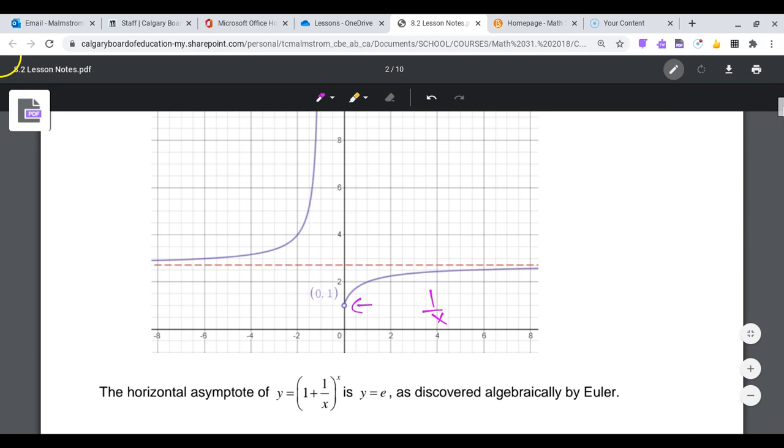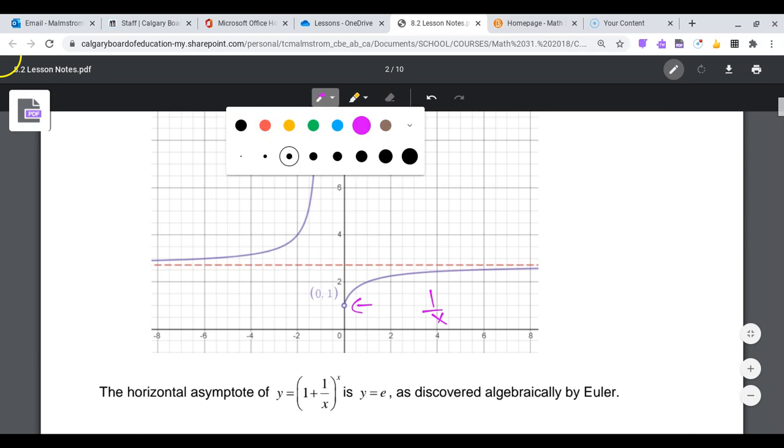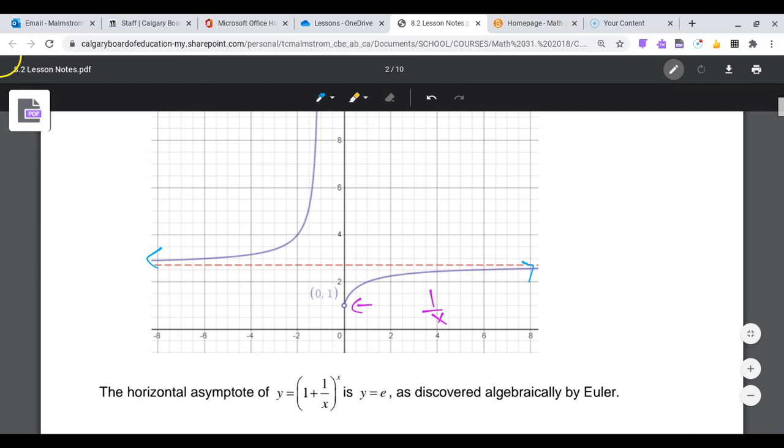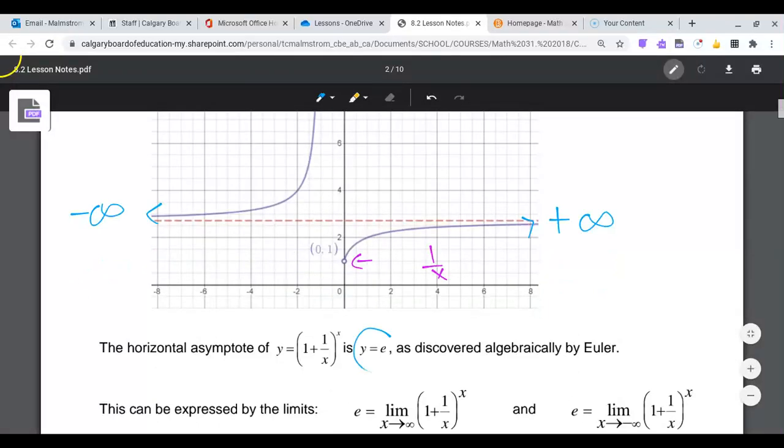But both on the left side and on the right side, the graph is approaching this horizontal asymptote. And so as we get infinitely large, both on the negative side and on the positive side, the graph is approaching, funky enough, it's approaching e.